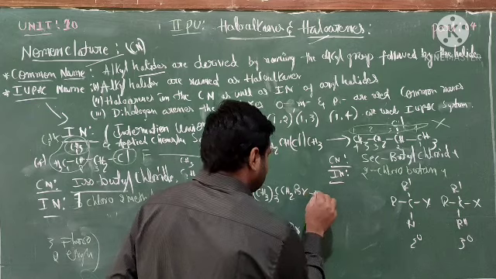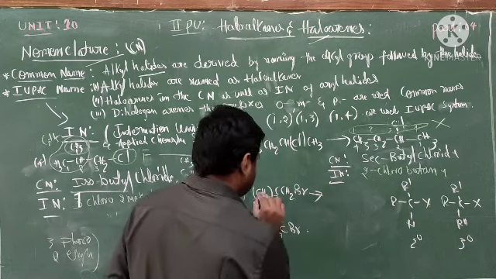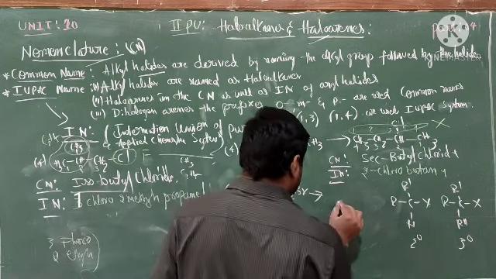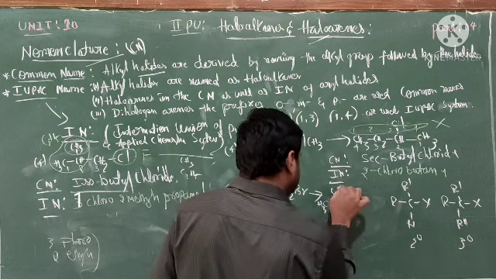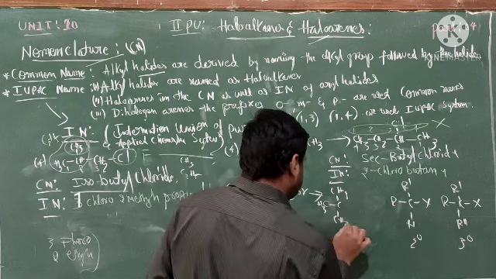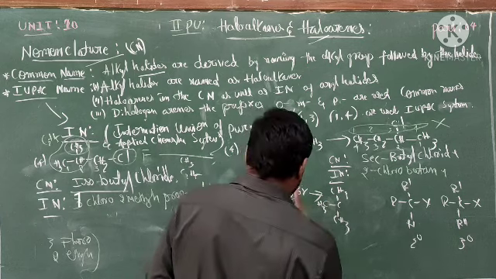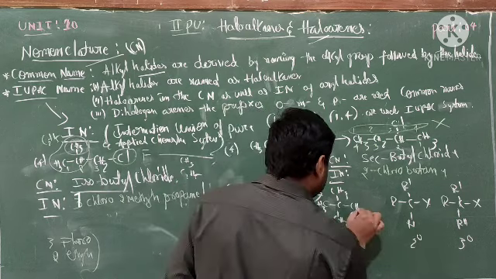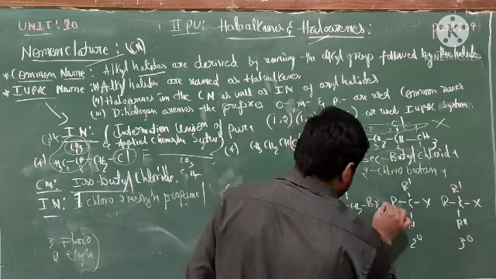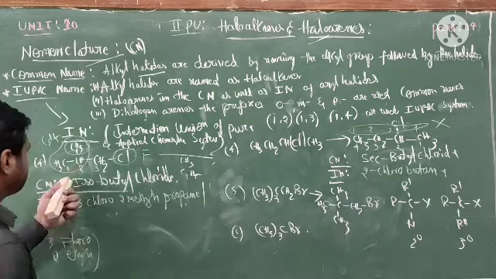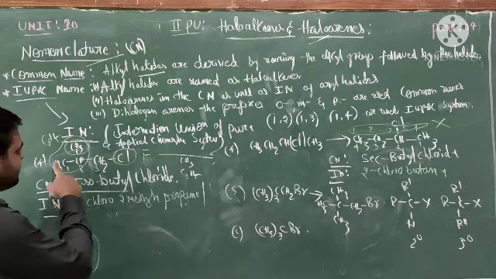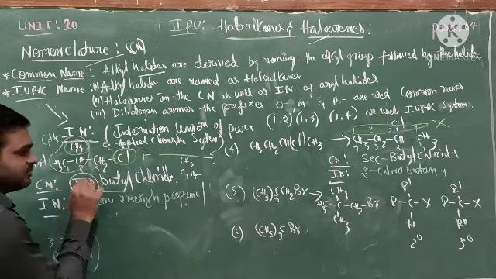So just see here, this is CH3, CH3, CH3, CH3, CH3, then CH2. Okay. In the last example, one carbon atom is present with 2 methyl groups. This is called iso.